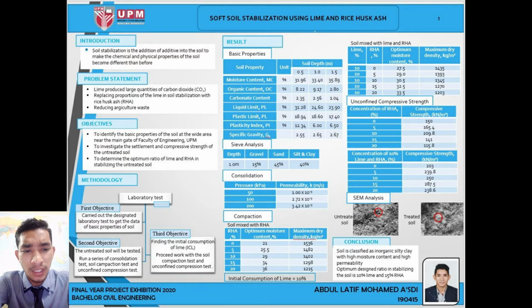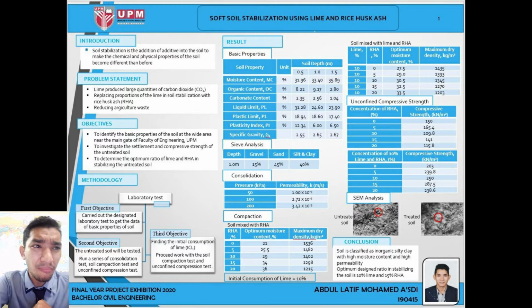For the second objective, I have to do the consolidation test, soil compaction test and unconfined compressive test. These tests are for the untreated soil only. Finally, for the third objective, I have to find the initial consumption of lime, which is ICL, and then I proceed with the soil compaction test and UCS test.